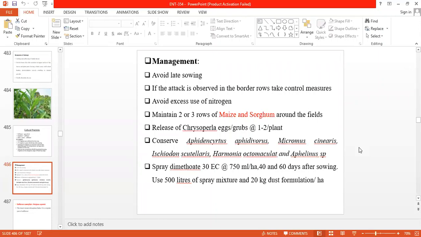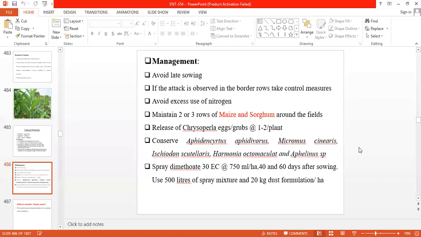Conserve parasitoids and predators: Aphidius, Chrysopa, Micromus, Cheilomenes, Scymnus, Harmonia octomaculata, Aphelinus species.